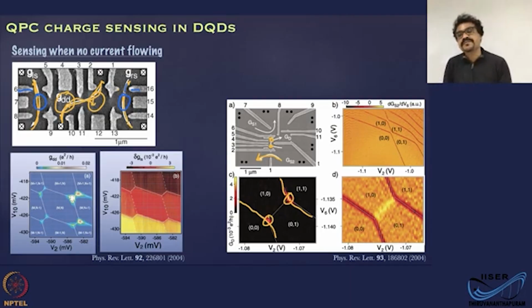these two points. Okay. So this charge sensor is sensitive not only to the change here, it can actually sense the change in the electron configuration of the upper dot also. Here this is a lower dot which is close to the charge sensor, but you can see this sensor is able to sense the change in charge configuration of both of these dots.